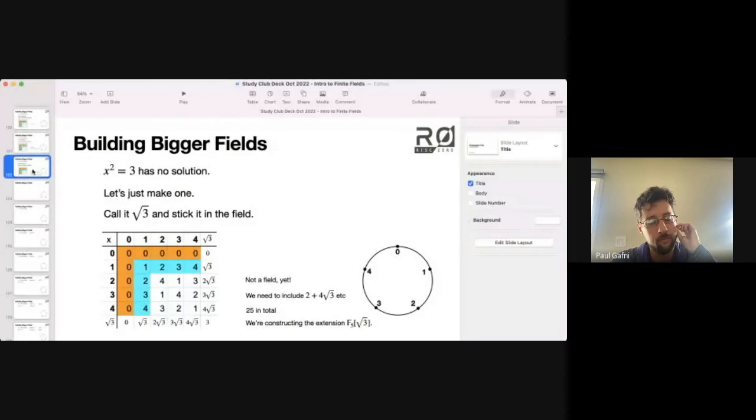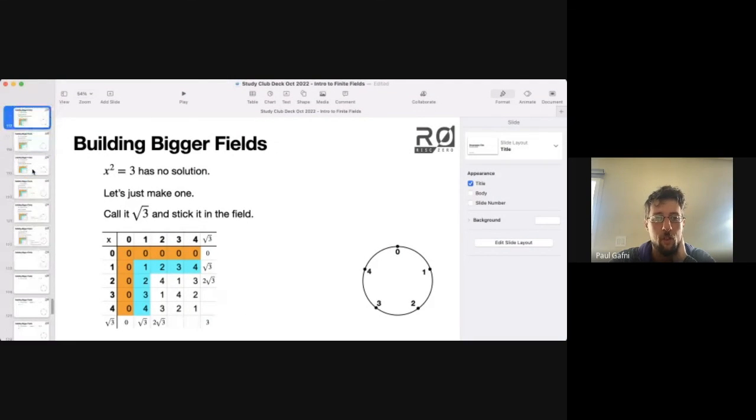Yeah, let me open my screen share again. You're right that the multiplication table I made there was a naive first attempt. This, I think, is what you're looking at, right?